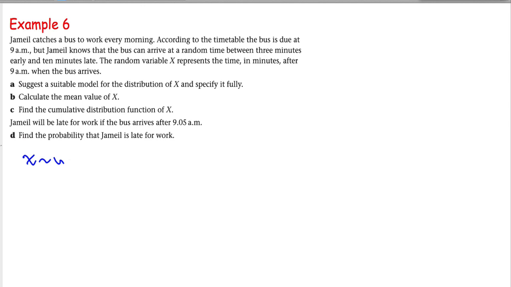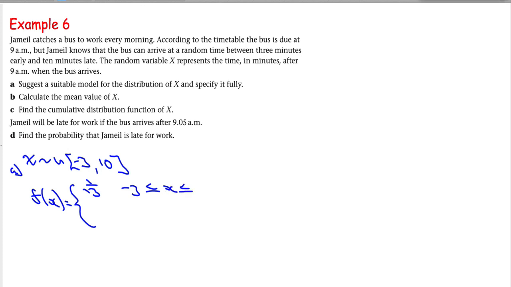So x has a continuous uniform distribution. Now it could arrive 3 minutes early or up to 10 minutes after. Which means that f of x has a PDF of 1 over 13 when x is between minus 3 and 10, and 0 otherwise.